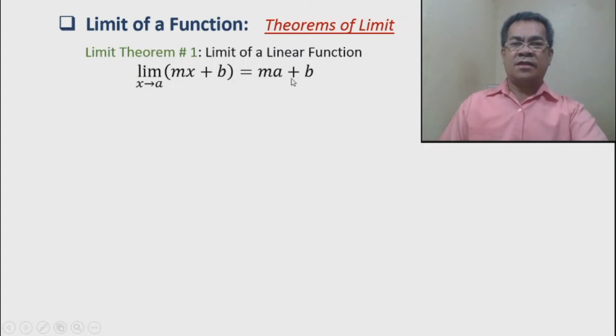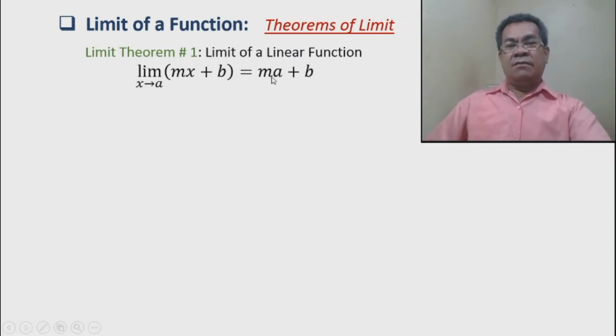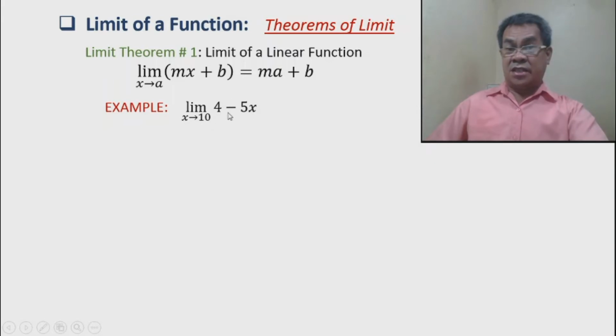That's why in our previous example we have 2 times 1 plus 3. The result is 5. So in this case, m times a plus b is the answer. For example, if we have the limit of the function 4x minus 5 as x approaches 10, this is linear. So, substitute this x here, then evaluate. This is the same as evaluating the function.